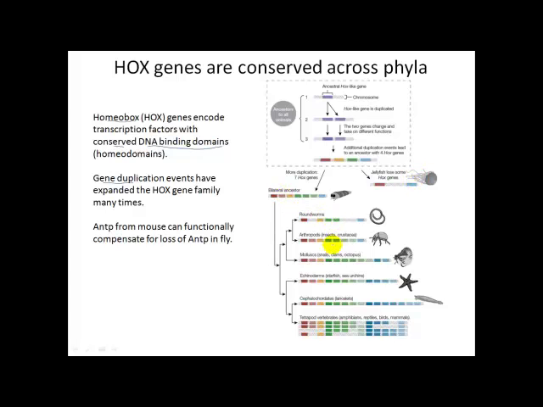If we look across phyla, and we come down here to arthropods, insects like Drosophila, we see that cluster that we just saw on the previous slide. If we look in tetrapods, vertebrates like us, human or mouse, what we see is not one set of Hox genes, but actually those Hox genes have been duplicated and translocated so that they're now on 4 distinct chromosomes.